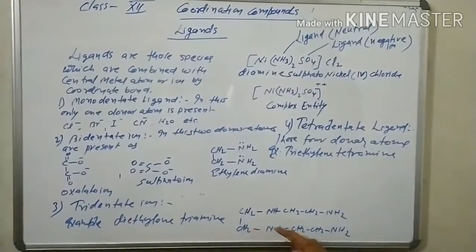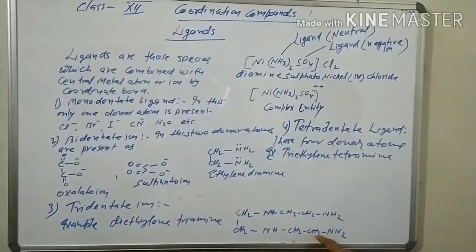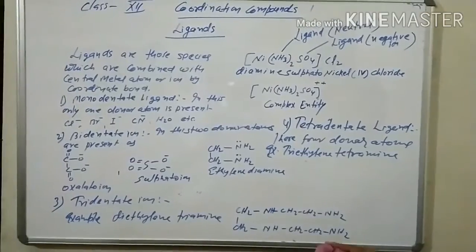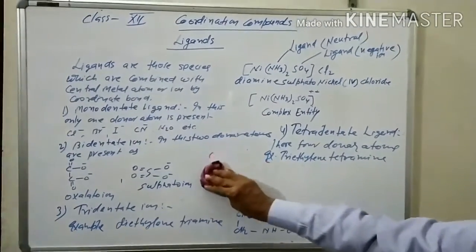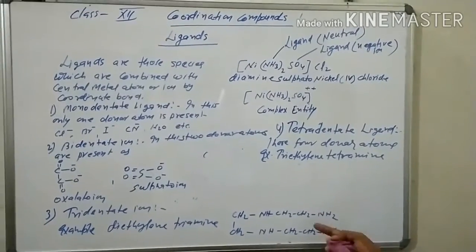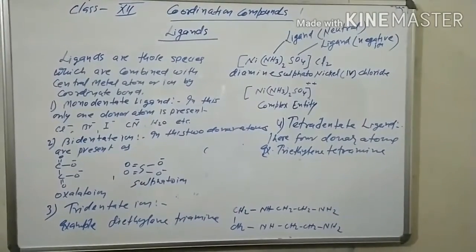In this way, in a tetradentate ligand, there are 4 donor atoms, here nitrogen donor atoms.